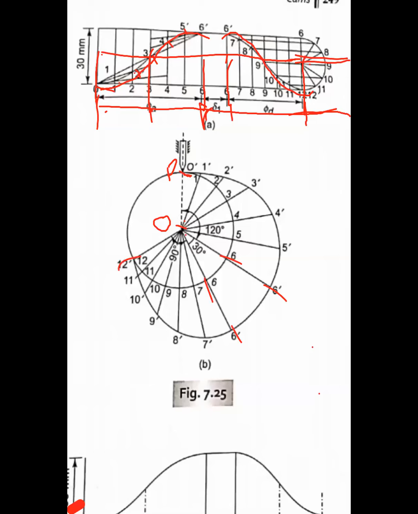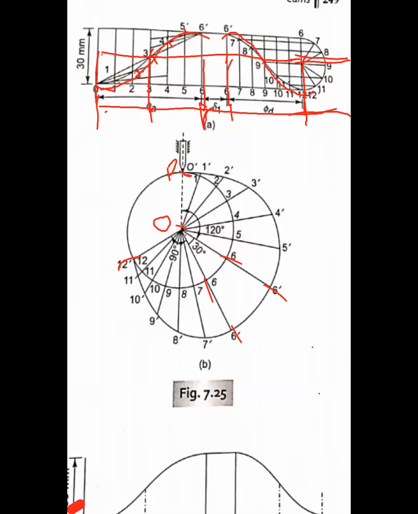And now similarly, divide the outstroke and return stroke periods into an even number of equal parts. That is 20, 40, 60, 80, 100, 120. And here 90 is there, 90 by 6: 15, 30, 45, 60, 75, 90. That way you have to divide it, give the numbering and draw the divisional lines.